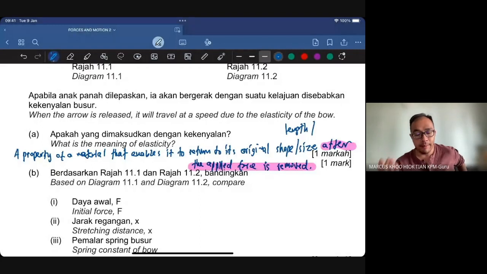After the applied force is removed, selepas kamu keluarkan itu daya yang bertindak ke atasnya, if it can go back to its original shape, size, length, then it is an elastic material. Kalau dia tidak boleh kembali kepada keadaan asal, means dia sudah hilang dia punya kekenyalan. The elasticity is gone. So that's the definition.